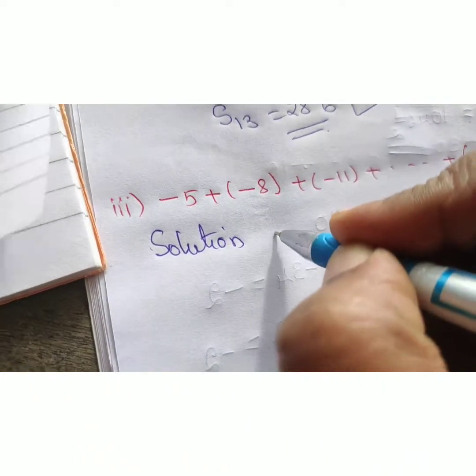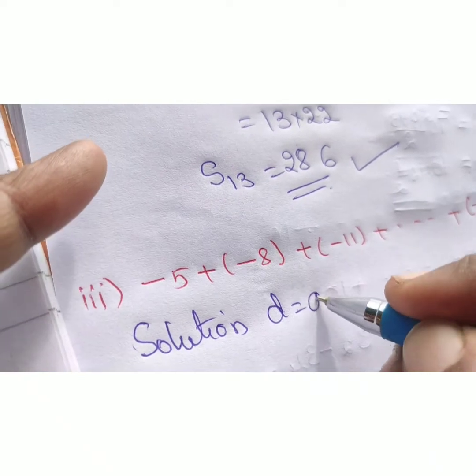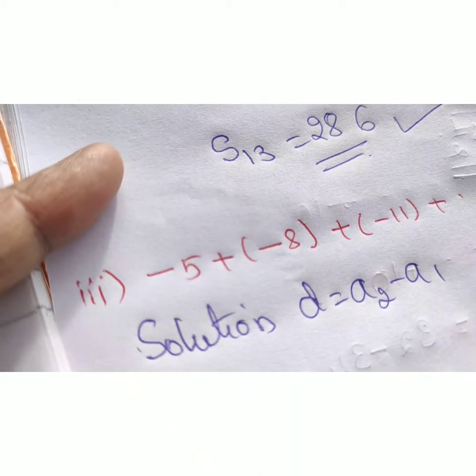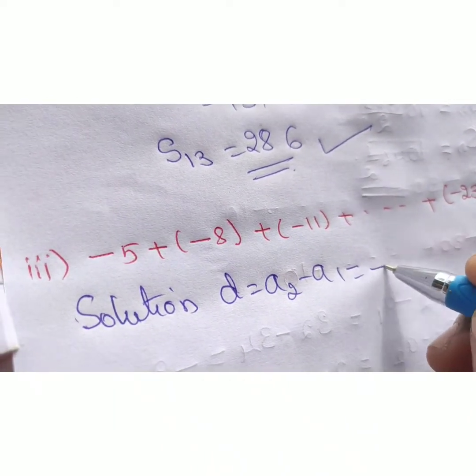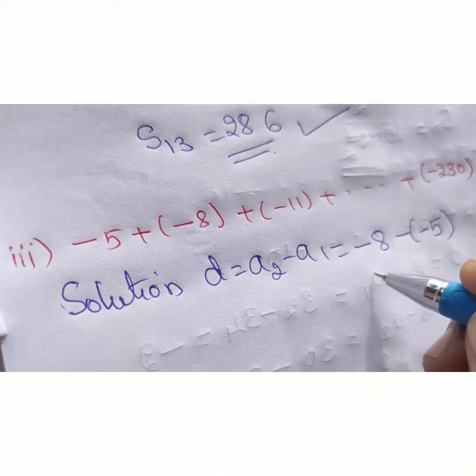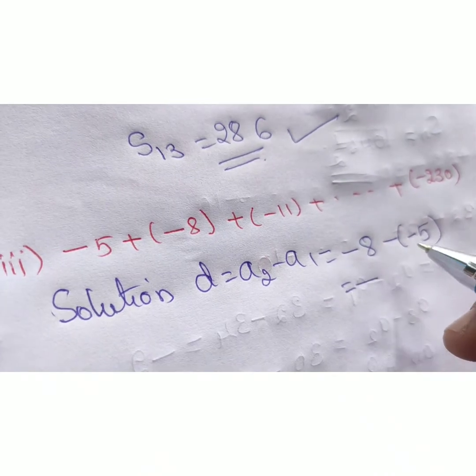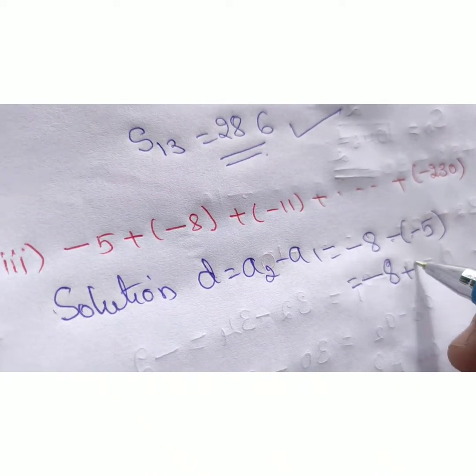For that, first let us calculate d. So d is a2 minus a1. Our a2 is minus 8 minus of minus 5. Be careful regarding the sign, children. So minus 8 minus of minus 5, minus into minus is plus 5.